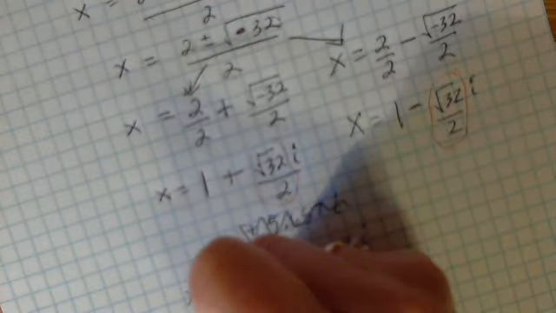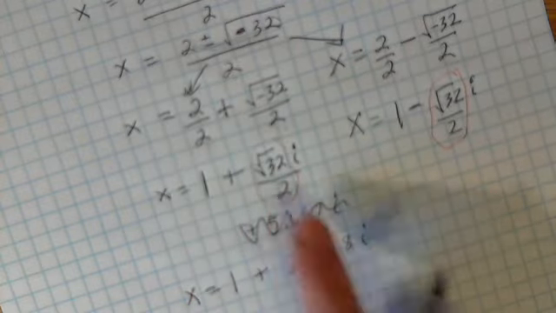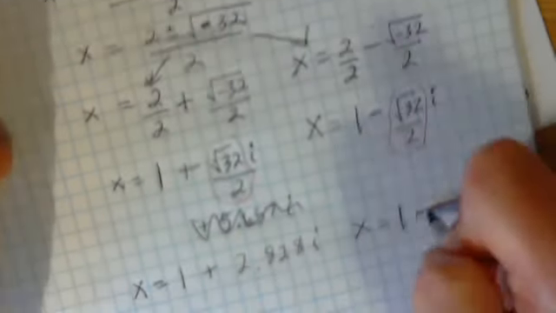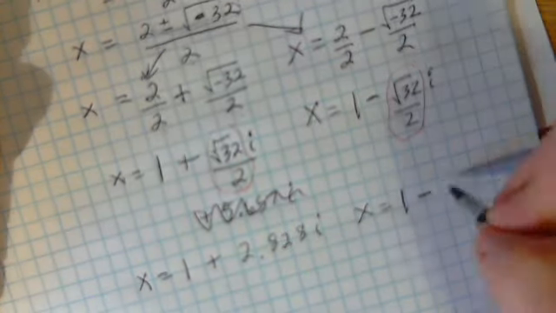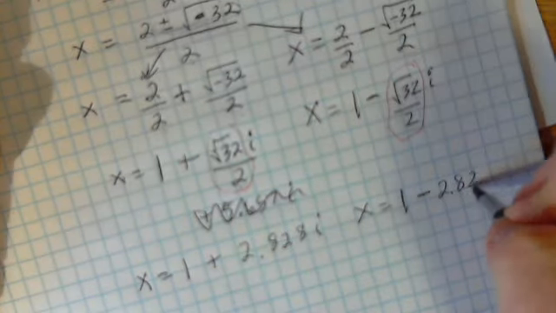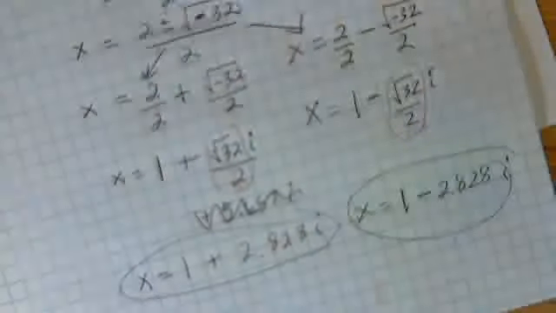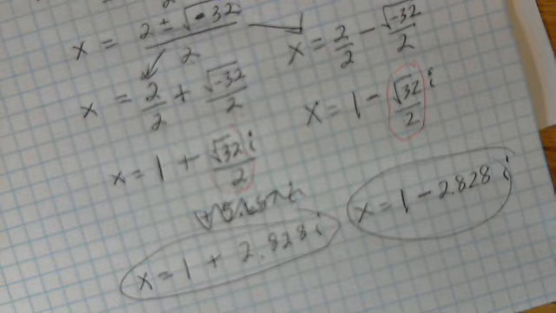So one of our answers is x equals 1 plus this amount that we calculated times i. And our other answer is going to be x equals 1 subtract. Now, the square root of 32 over 2 we already know is this 2.828i. And there we have it, our two answers. If you need to, watch this video again. There's a lot of steps.